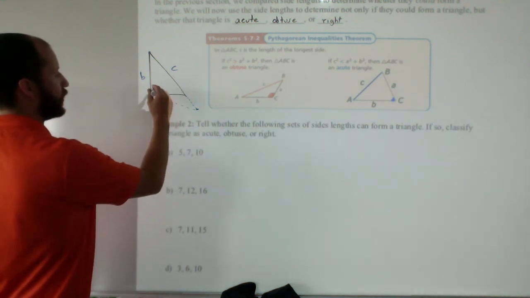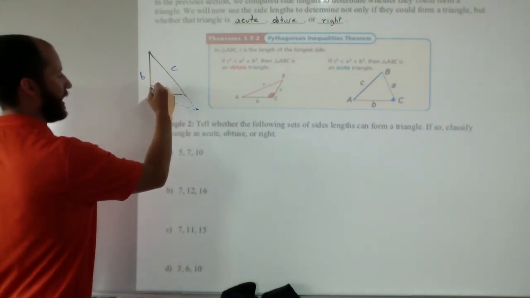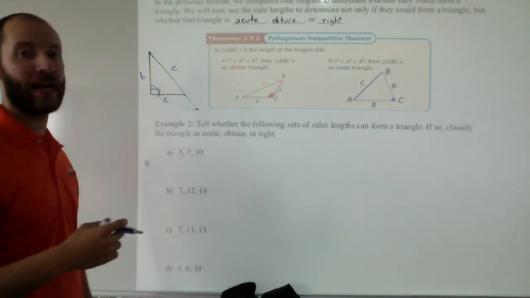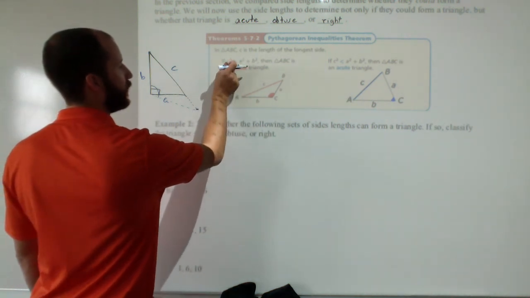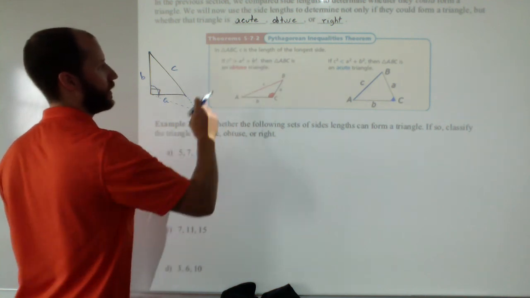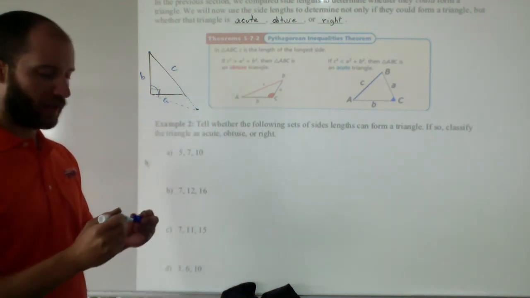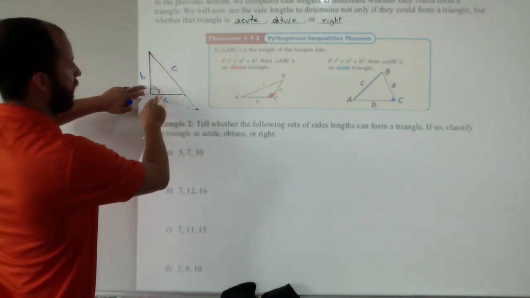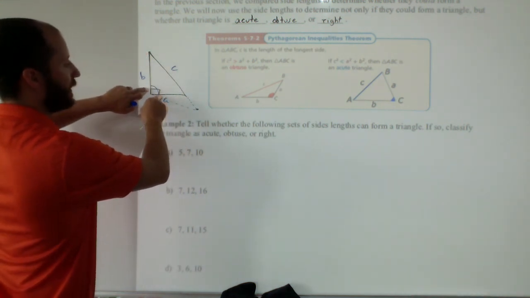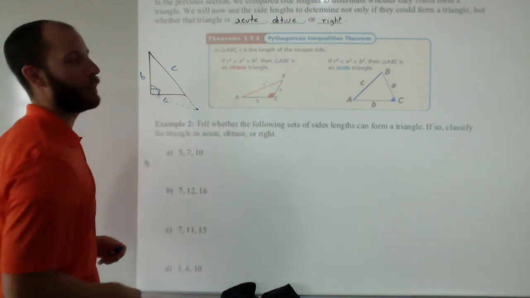And when A shifts over, our right angle becomes larger and becomes obtuse. So if C squared is greater than A squared plus B squared, the hypotenuse got longer, which means our right angle got larger. It is now an obtuse triangle.